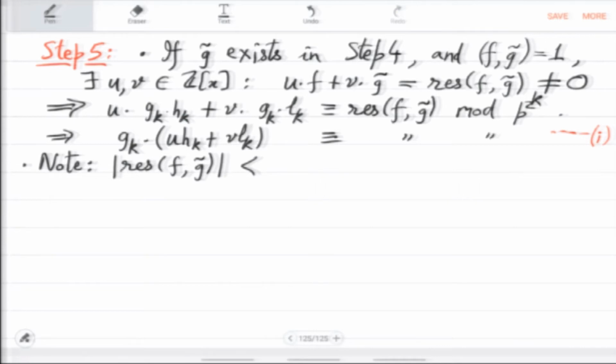So degree of f is n, degree of G tilde is n minus 1. So number of coefficients are n plus 1 and n, so it's a 2n plus 1 dimensional matrix when you want to compute the resultant. And how big are the entries? For f the entries are smaller than 2 raised to L minus 1.